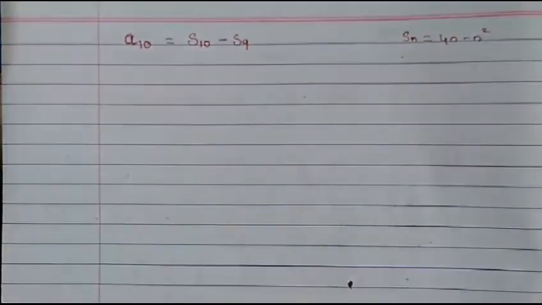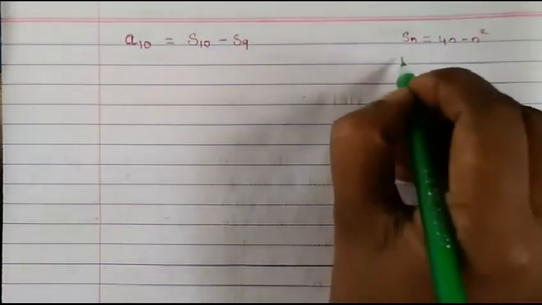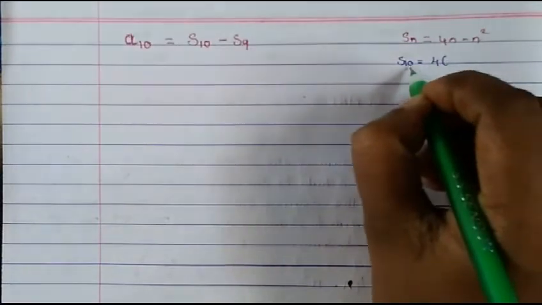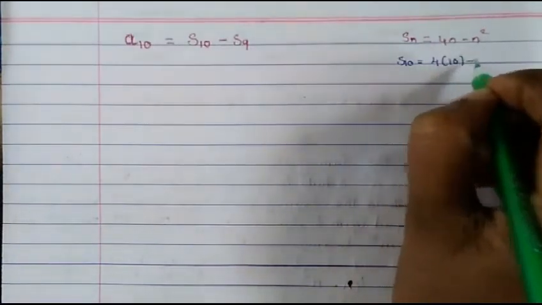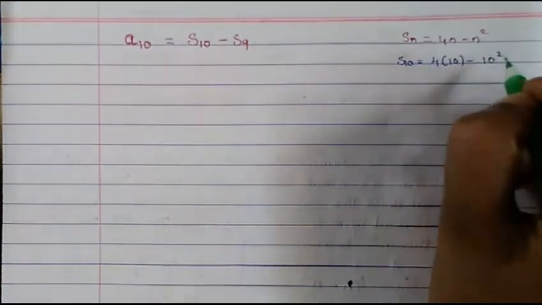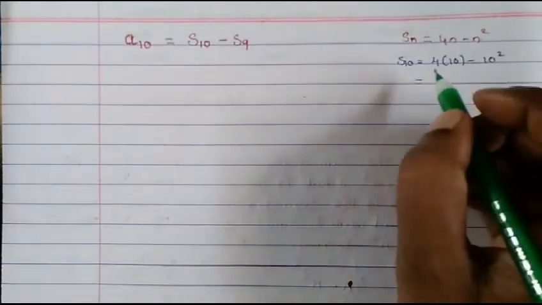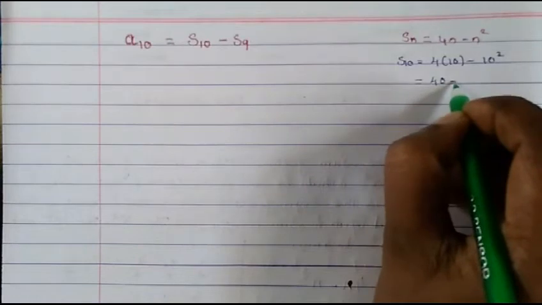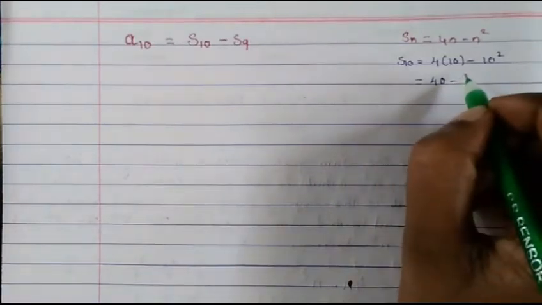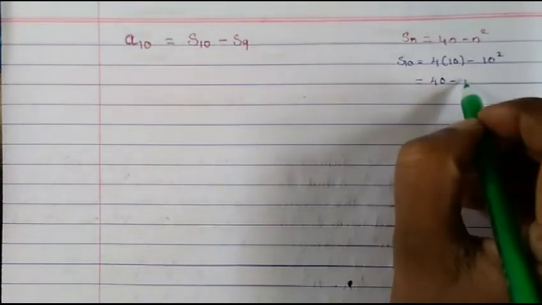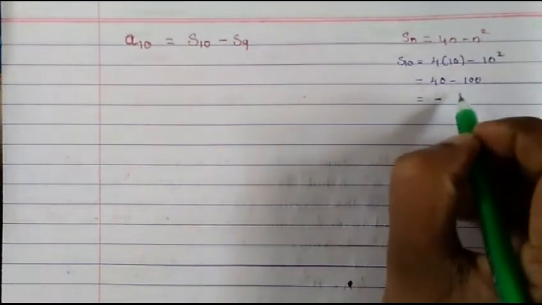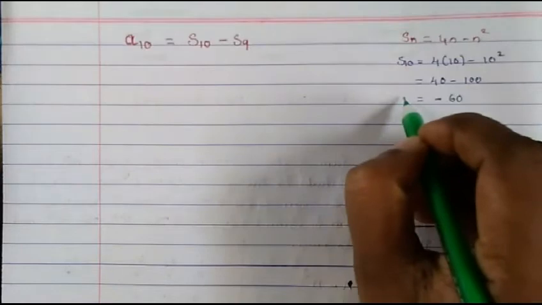So S10 will be 4 times 10 minus 10 square. That gives 40 minus 10 square. 10 square is 100. So the bigger number is negative, so we get minus 60, that is S10.